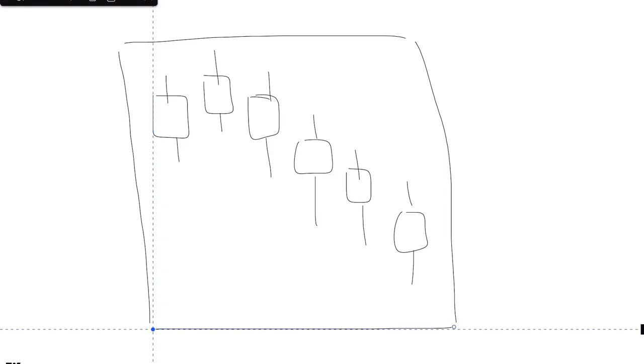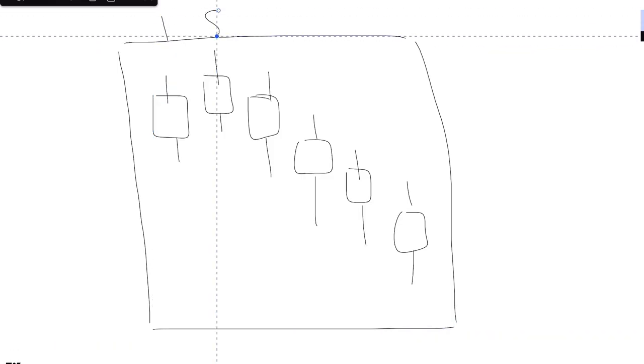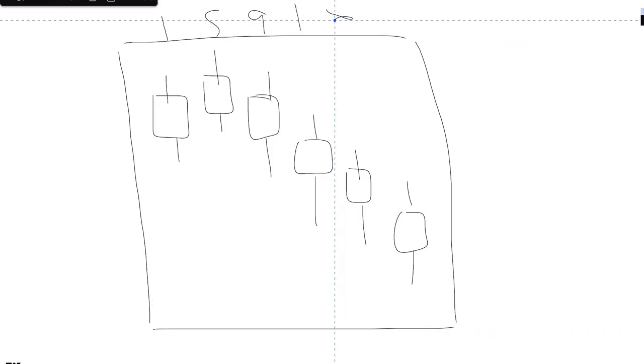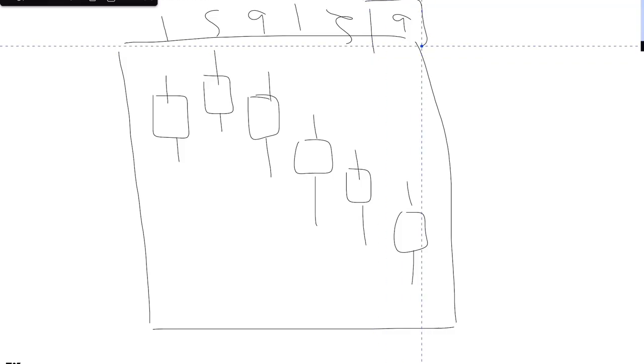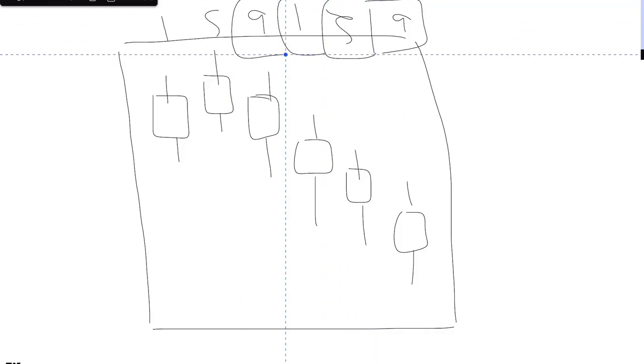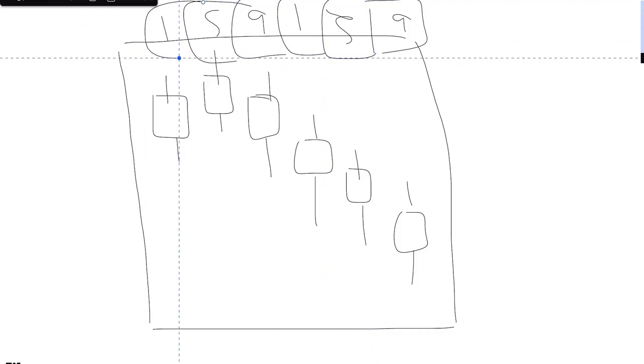Why? Because during every daily candle, you have 6 4-hour candles, and this depends on the asset class. But you're going to follow the sequence of 1 5 9, 1 5 9 to time your 4-hour candle trades. Right, 1 5 9, 1 5 9.